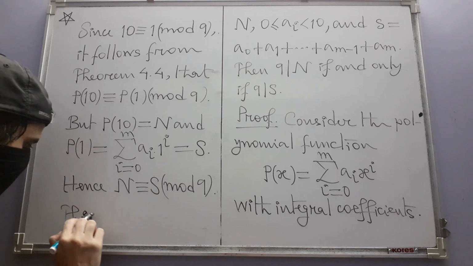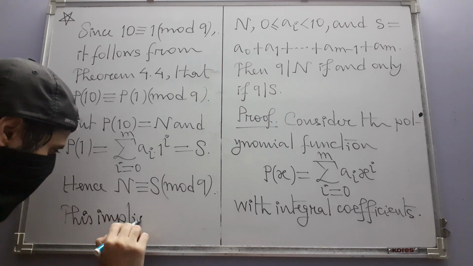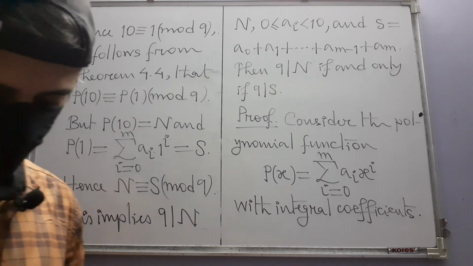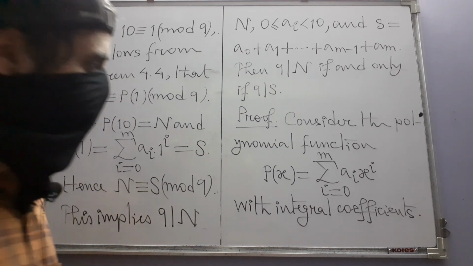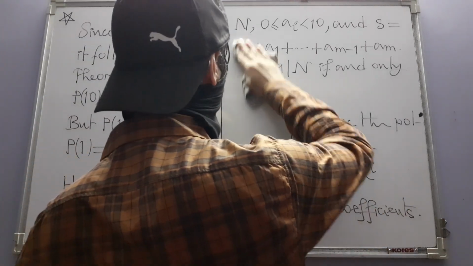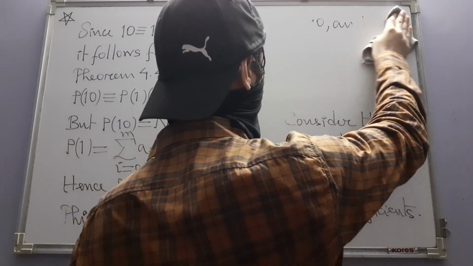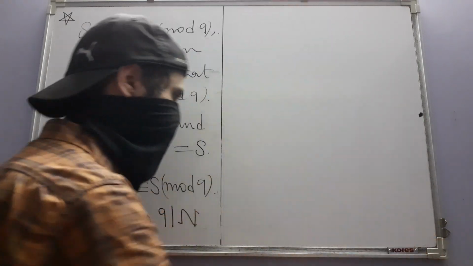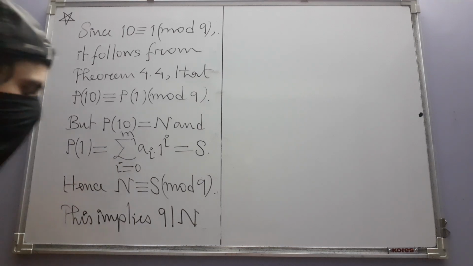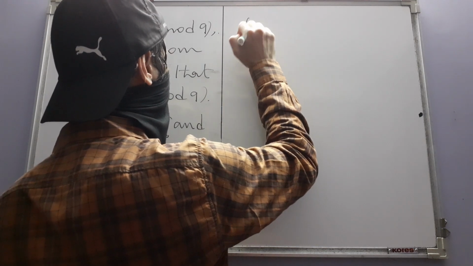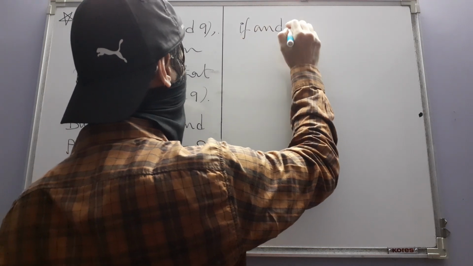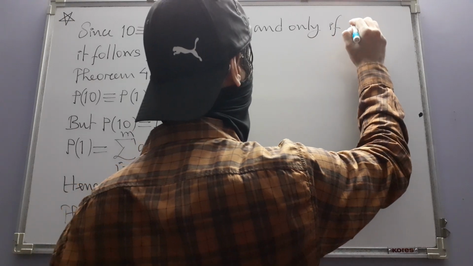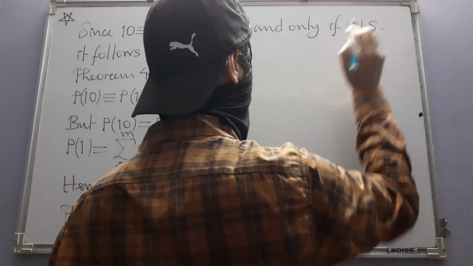This implies that 9 divides N if and only if 9 divides S. So for this if and only if, you do not have to work for the two directions separately, you are getting everything at once.